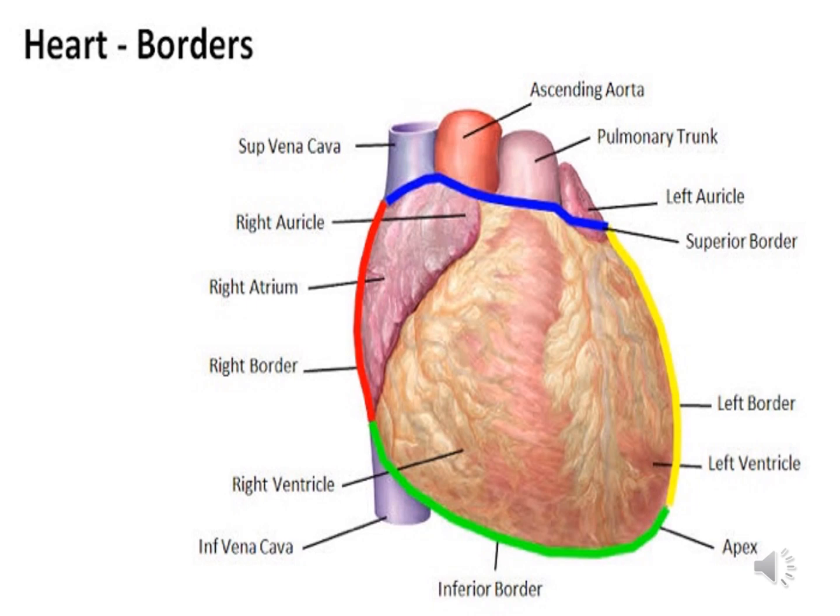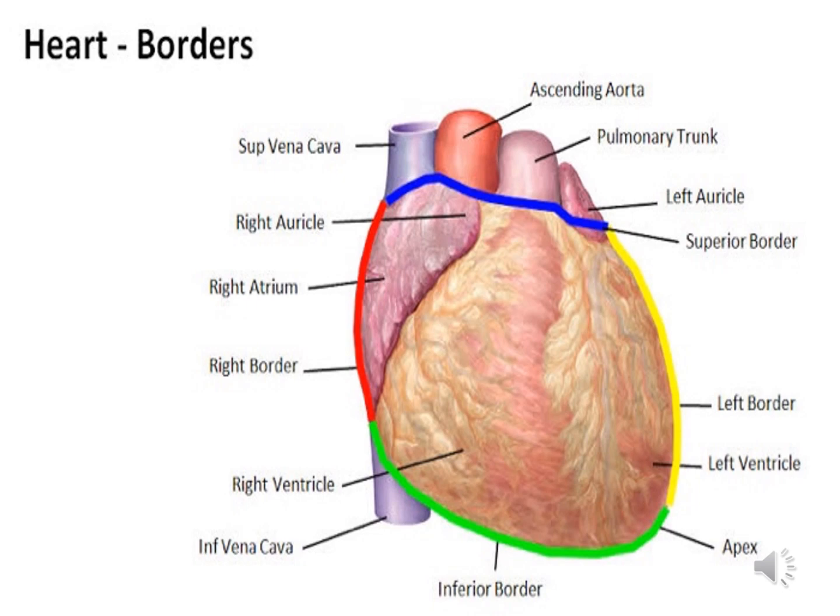This picture gives a clear description of the heart borders. The four different borders are denoted here with four different colors. First is the right border. The right border extends from the opening of the SVC to the opening of the IVC, that is denoted with red color. Next is the inferior border.